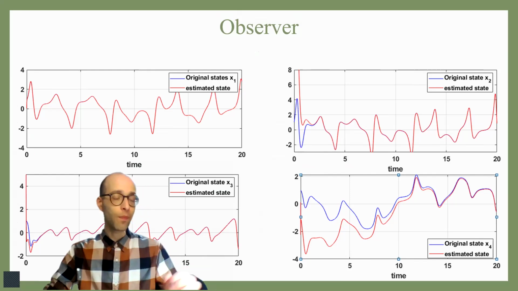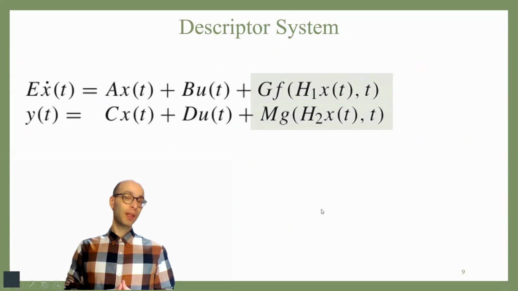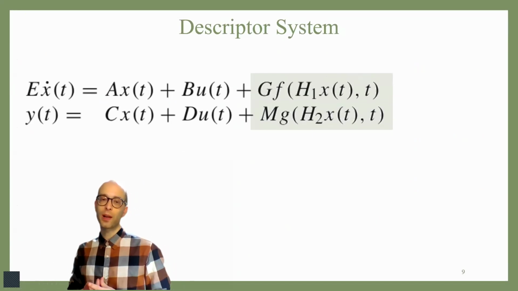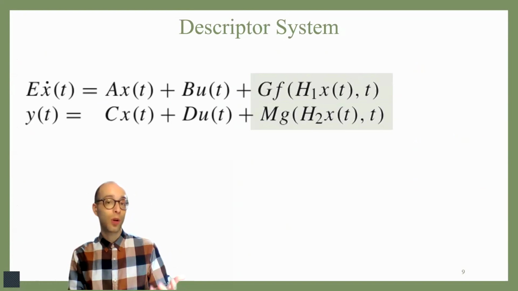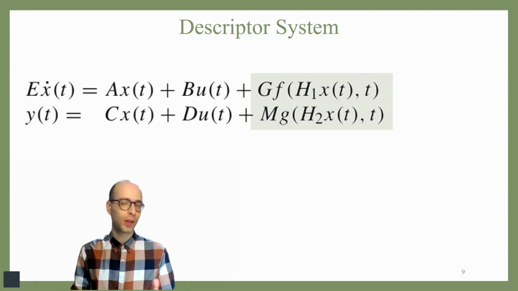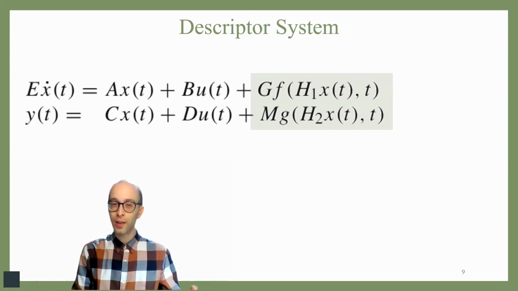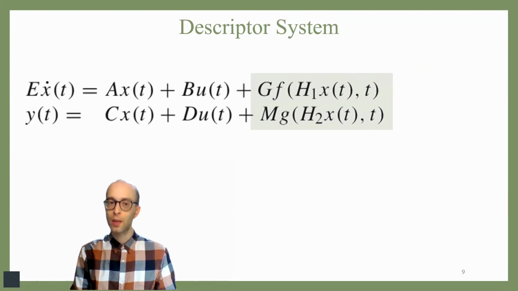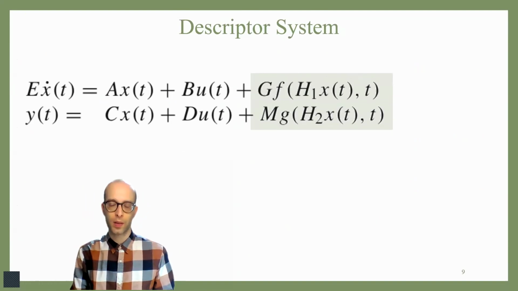So what we did in our paper. In our paper, we studied a much more general category of systems, the systems called descriptor systems. I don't know if you have heard about them, probably not in an undergraduate course because they are a more advanced topic. Descriptor systems are also termed singular systems or DAEs, differential algebraic equations, or generalized state space systems.